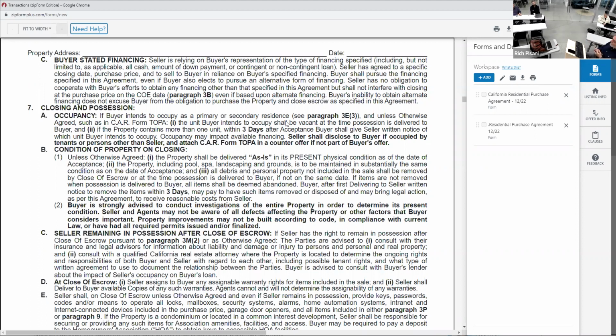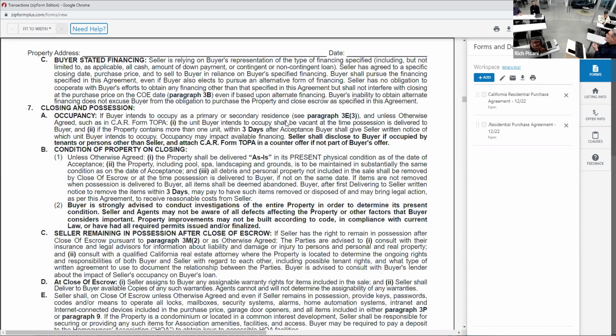The problem that arises from listing agents putting this in a counter is that it gives the seller the impression that the buyer doesn't have any right to ask for any credits or to ask for anything to be repaired.